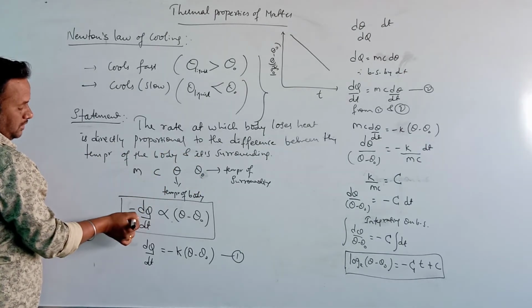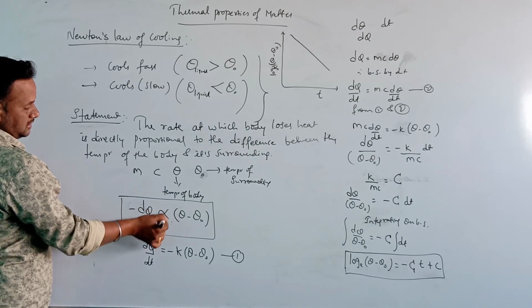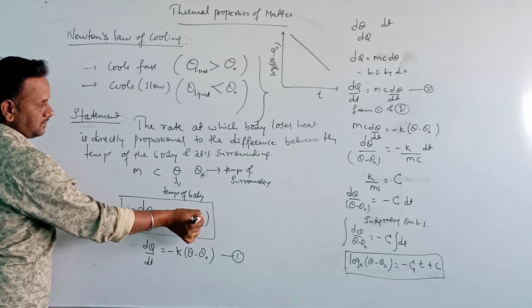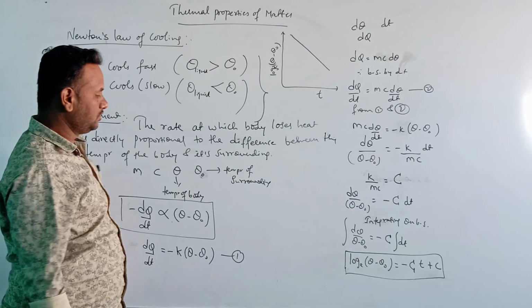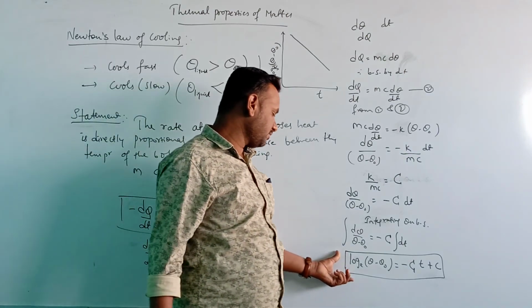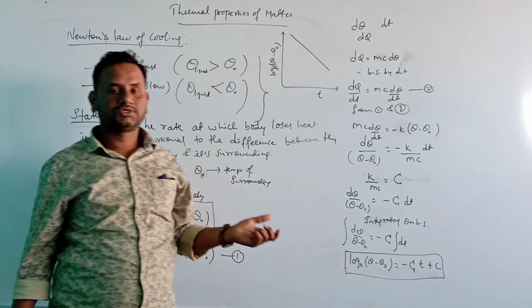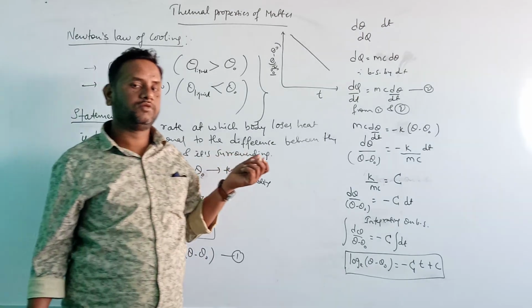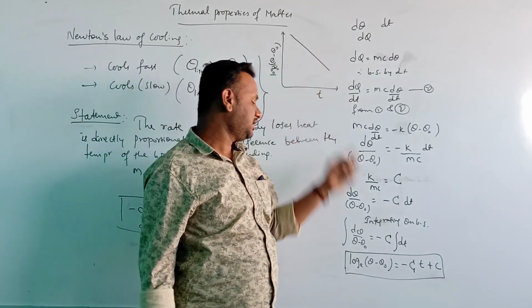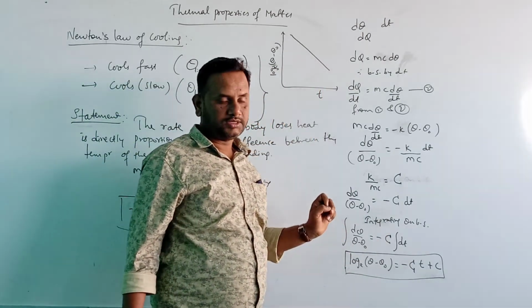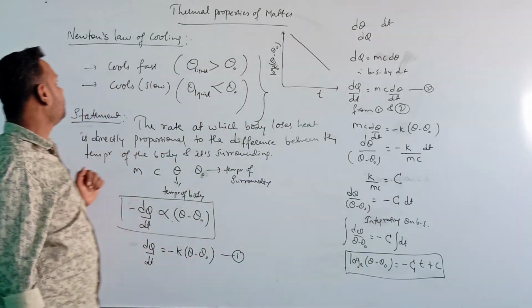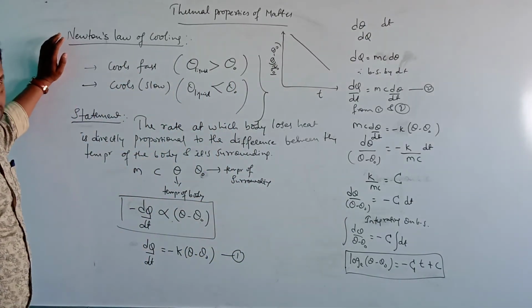This is given by minus dQ by dt directly proportional to theta minus theta naught. This equation shows that the graph is a negative straight line.